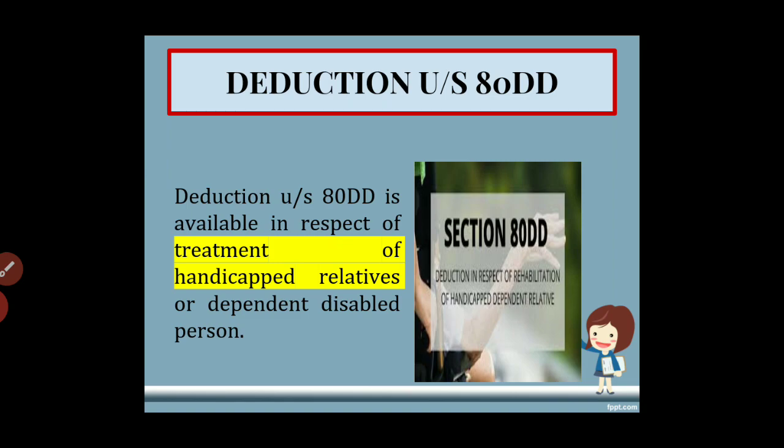That means if any of your relative is handicapped and you are doing the medical treatment of that relative, or a dependent disabled, that means that person is disabled, that means not normally walk or handicapped and is completely dependent on you for the livelihood, they are completely dependent on you for their living. In that case you can get or avail the deduction under section 80D.